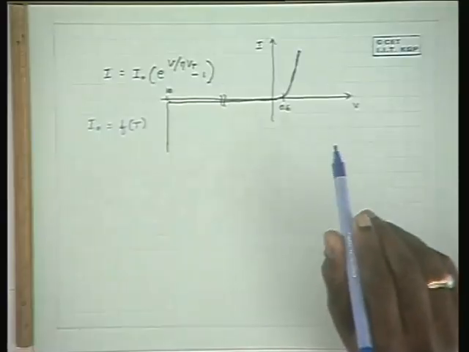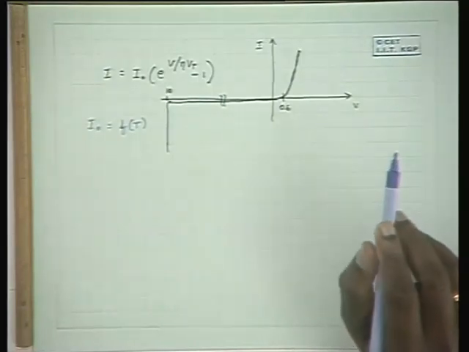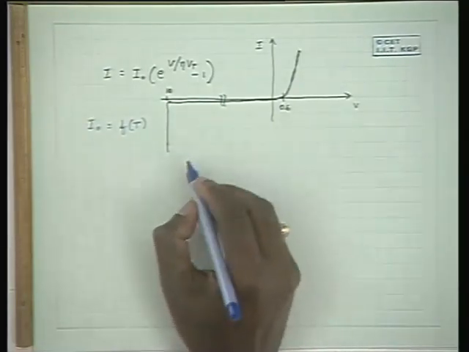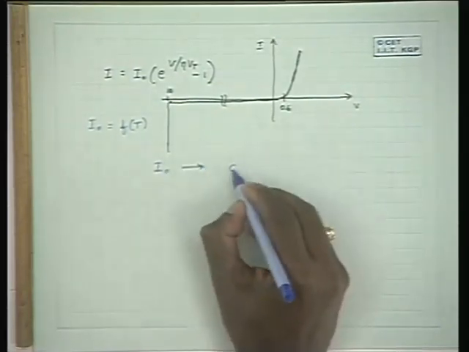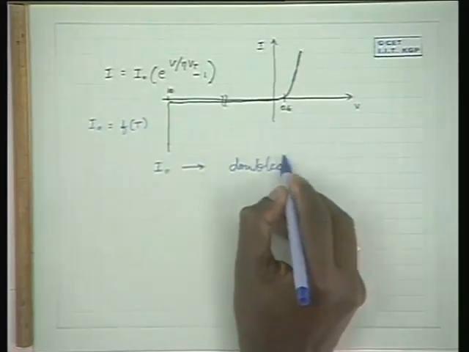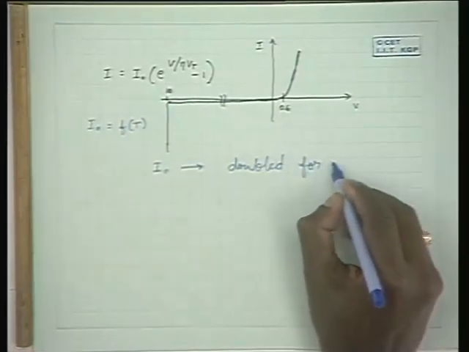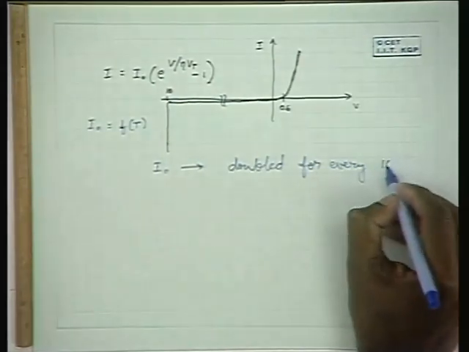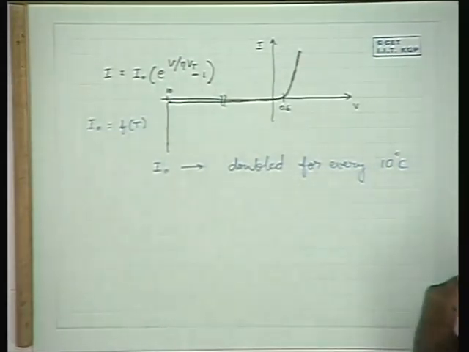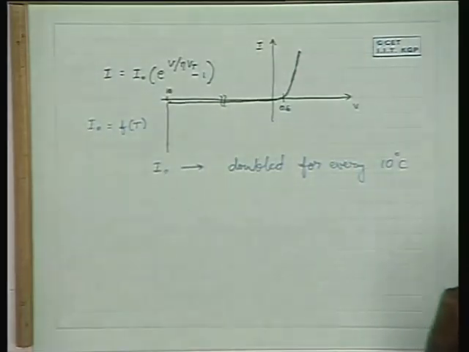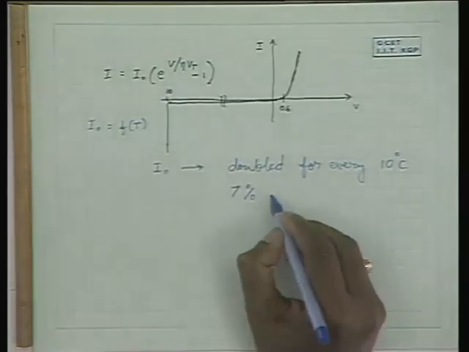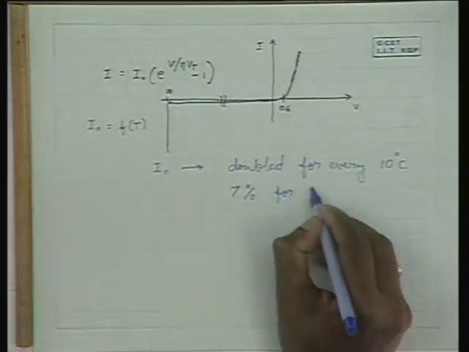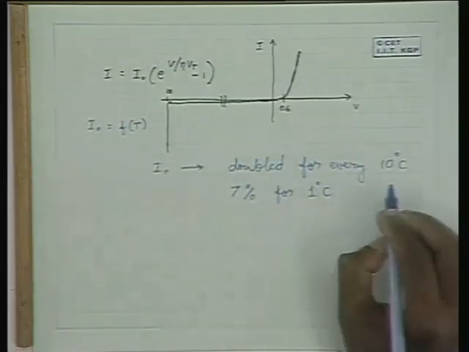Now let us see how the characteristics of this simple device, a diode, vary with temperature. I naught, the reverse saturation current, gets doubled for every 10 degrees centigrade rise in temperature, or it varies by 7% for 1 degree centigrade rise in temperature.